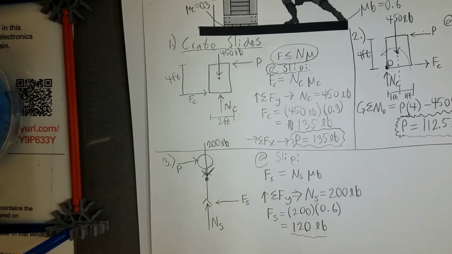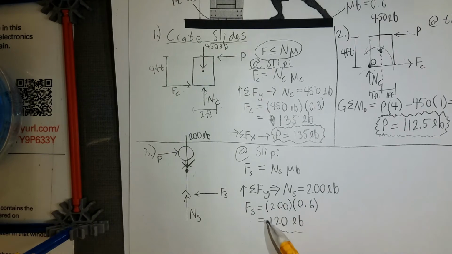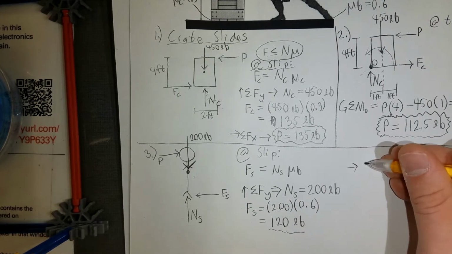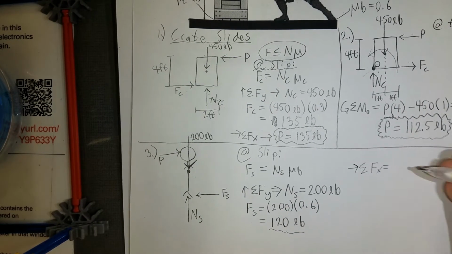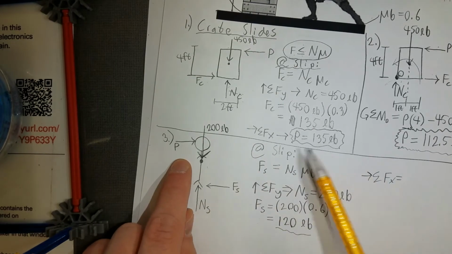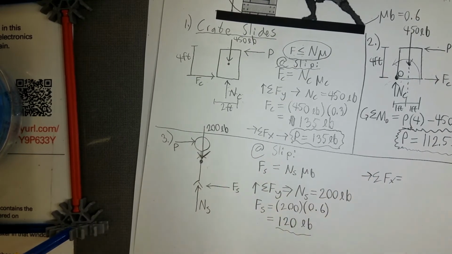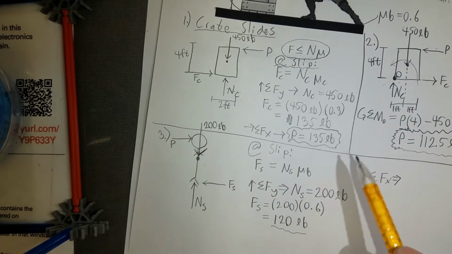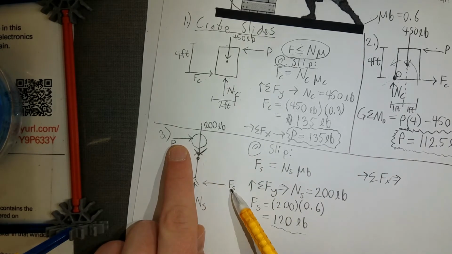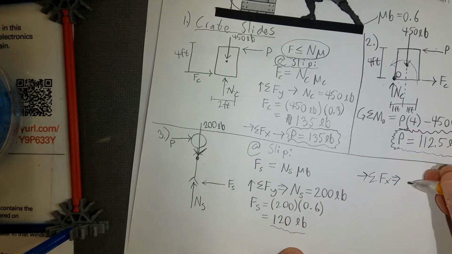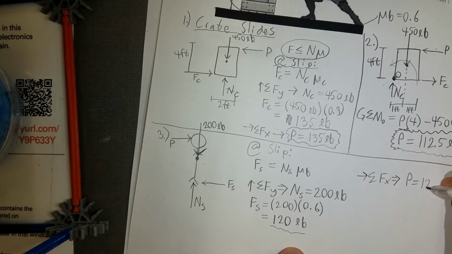Okay, and then using what we know about Fs, we can go ahead and sum the forces in the x, because ultimately, like I said earlier, we're solving for the P in all three of these cases. So sum of the forces in the x, we've got P going to the right, friction going to the left, and that's it. So P is going to end up being 120 pounds by itself.